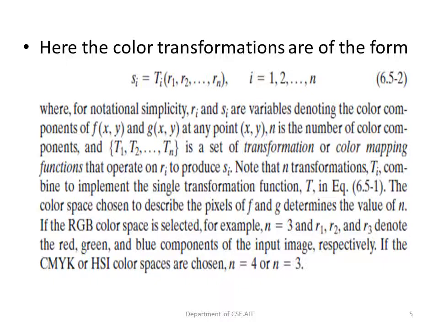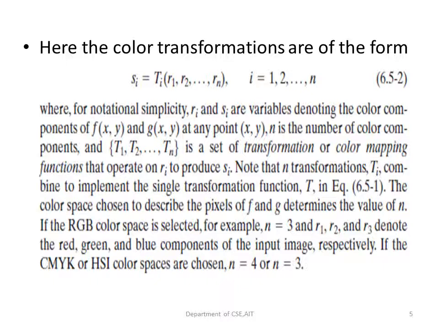That means we have f(x,y) as the input and g(x,y) as the output at any given point (x,y). n is the number of color components, and T_1, T_2, up to T_n is the set of transformation or color mapping functions that operate on r_i to produce s_i.